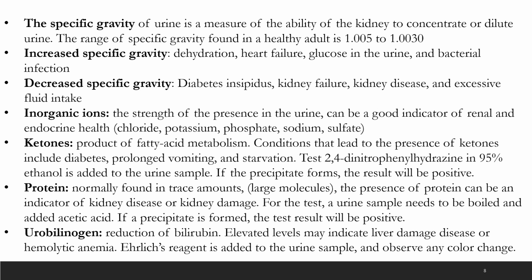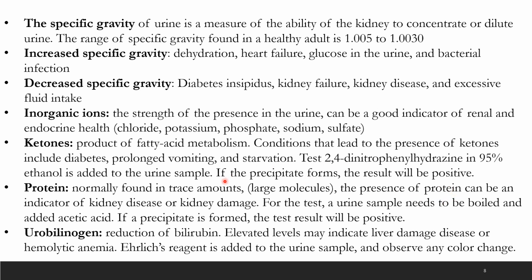We can also look with a urine sample for inorganic ions, ketones, proteins, and urobilinogen. In the test for ketones, we can add 2,4-dinitrophenylhydrazine in 94% ethanol. If a precipitate is formed, the result will be positive.